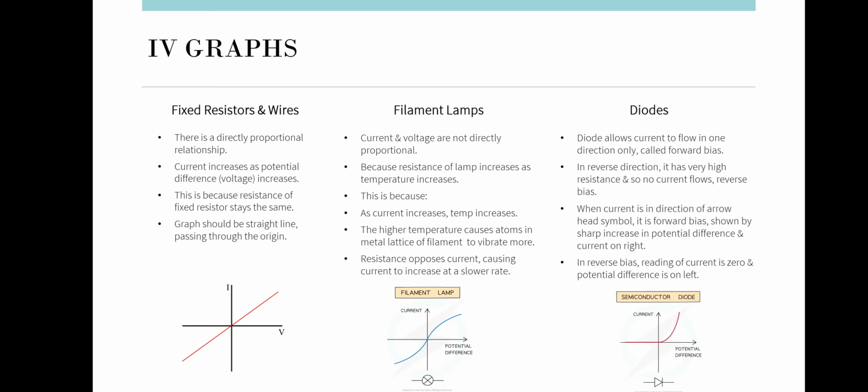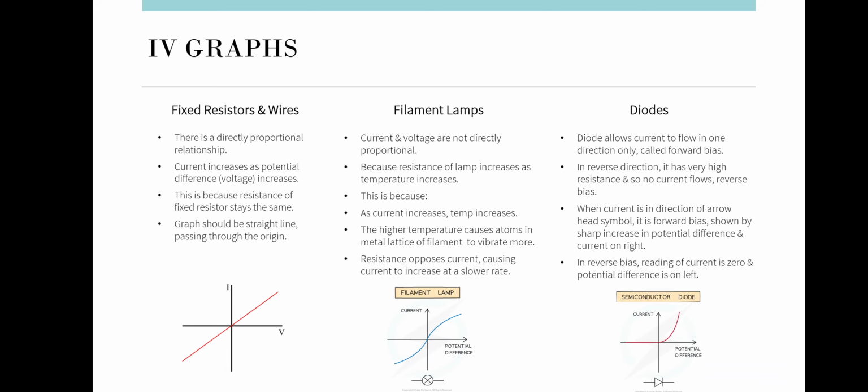Next are diodes. Diodes allow current to flow in one direction only, called forward bias. In the reverse direction, it has very high resistance. As we just saw, resistance opposes the current, so with very high resistance it will oppose current and no current will flow, which happens in reverse bias. As you can see in the graph, in reverse bias on the left hand side there is a zero reading of current.